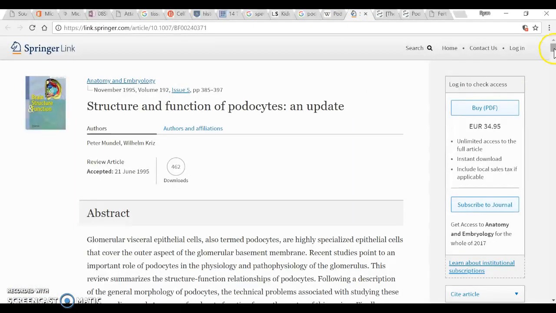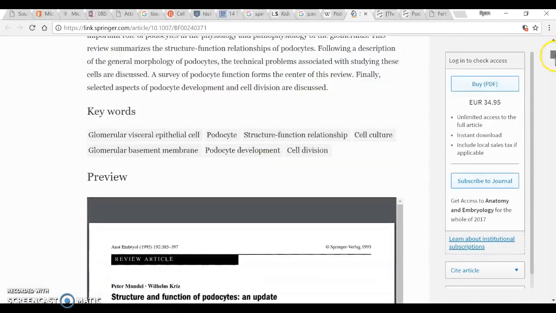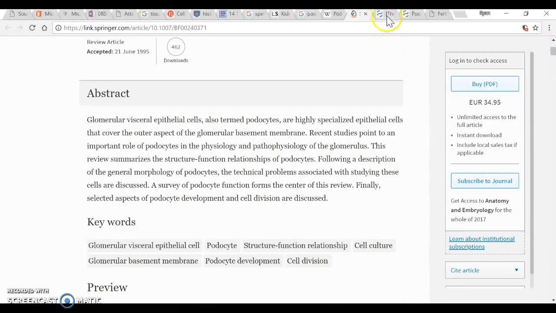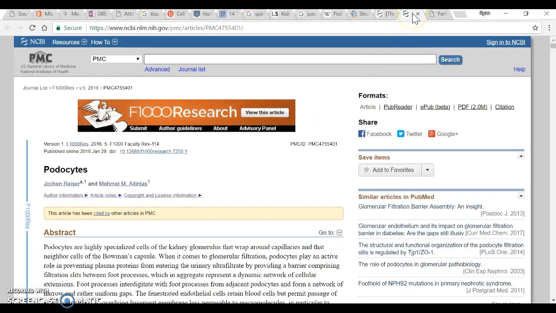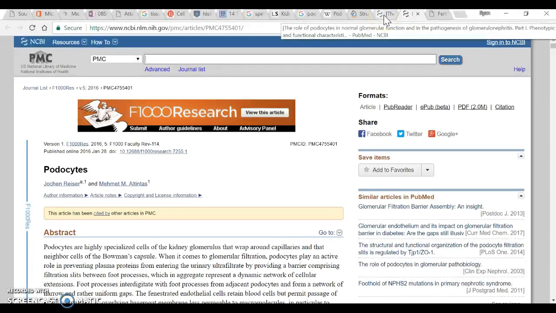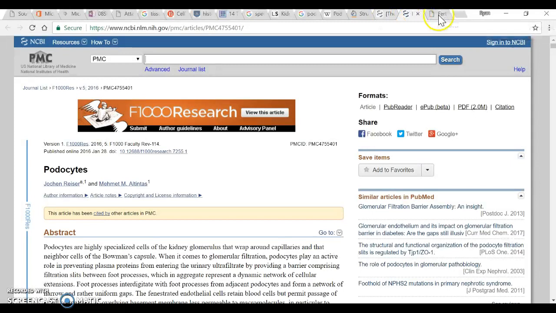And the more I look at this, there's lots of weird and big words that you won't understand, but the more I go through, here's an abstract. Basically, by reading this stuff, what I work out is that podocytes are integral in the filtering of the blood.